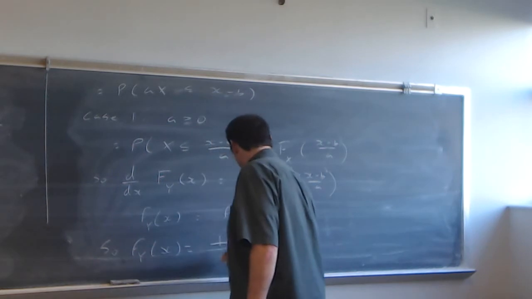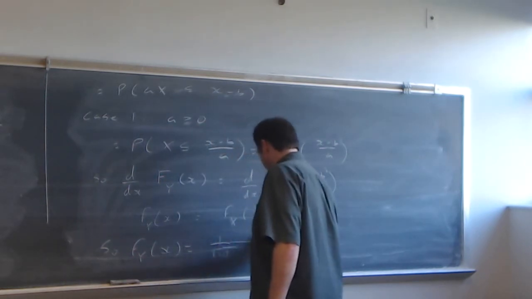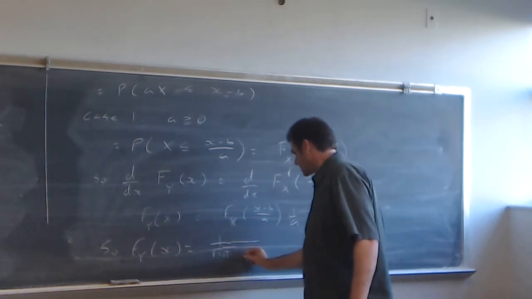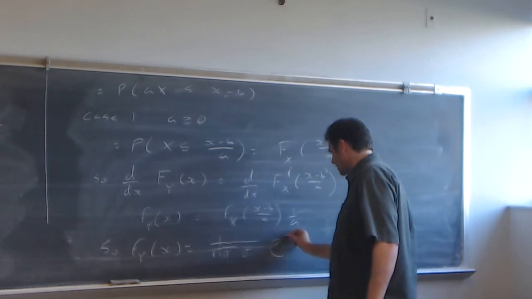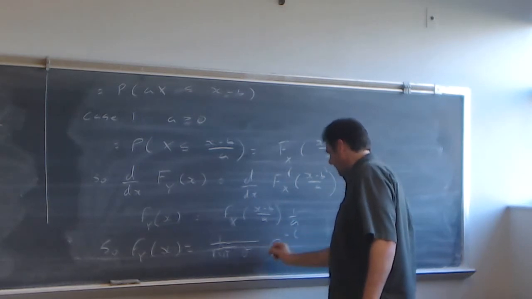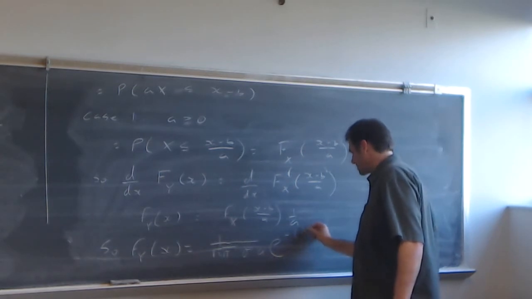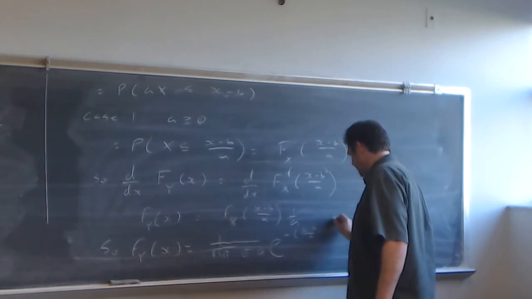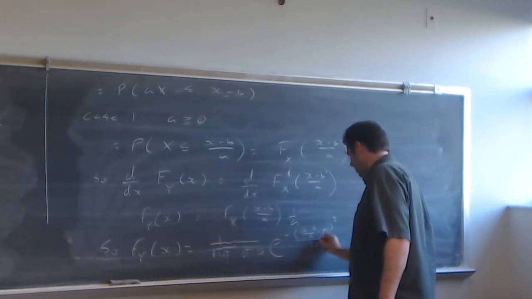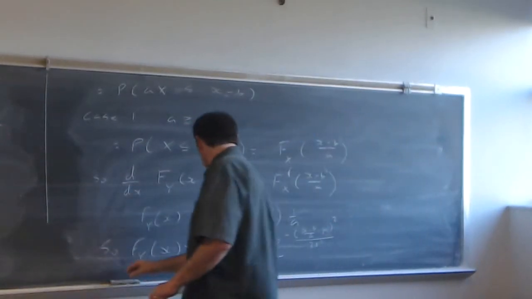This is 1 over the square root of 2 pi, since I'm writing down the PDF of X, times sigma in the bottom. Here I have e to the minus, and then I have this 1 over A, e to the minus x minus b over A, minus mu, quantity squared, all over 2 sigma squared. That's the exponent. Okay? So that's my f sub Y of x.